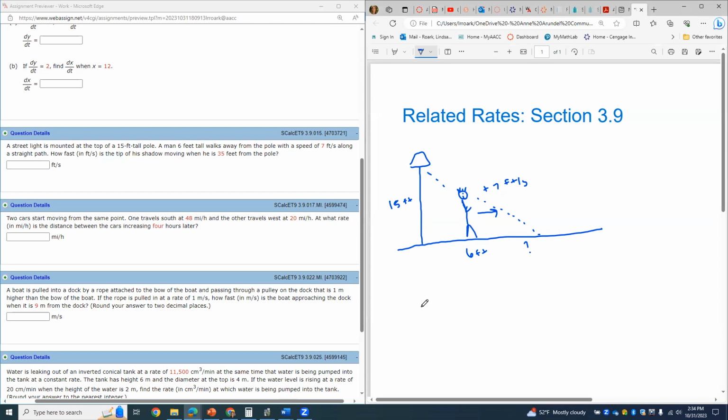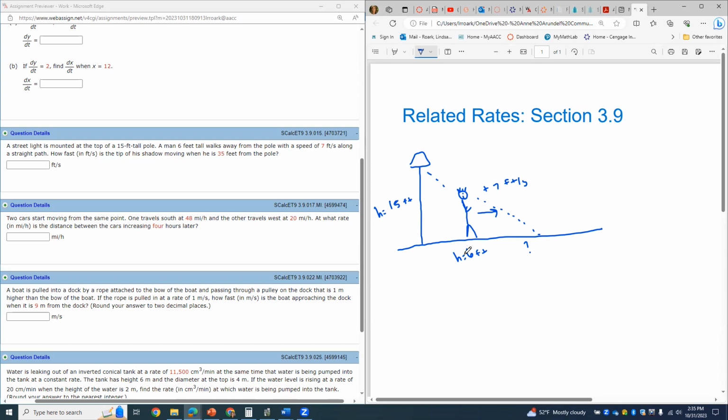For instance, the street pole is not changing. The height of this pole is 15. And this man, unless something crazy happens, is not shrinking or growing. He's just going to be 6 feet tall. So those are constants; they're going to stay the same. They also say, I think we're just going to assume, that he is always moving 7 feet per second, straight across there.